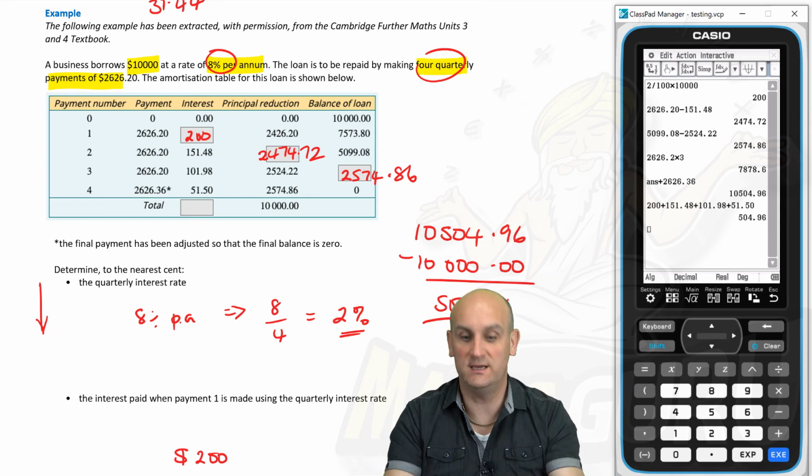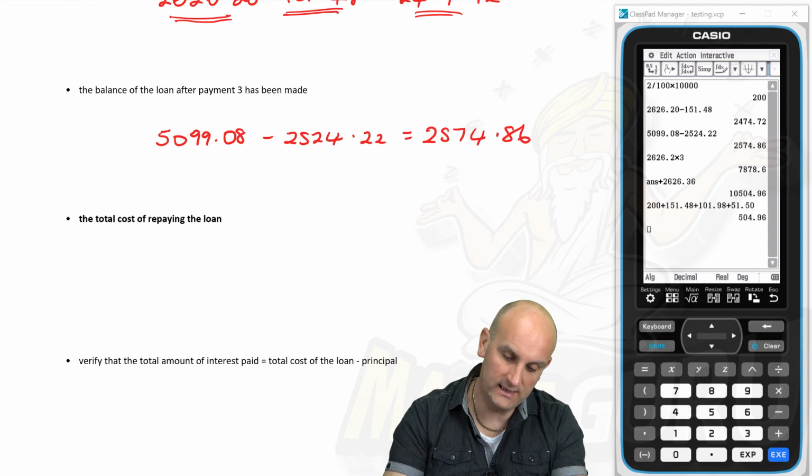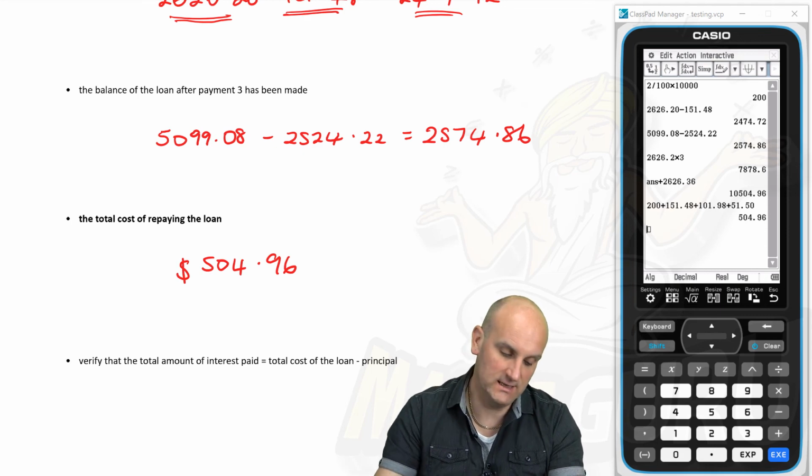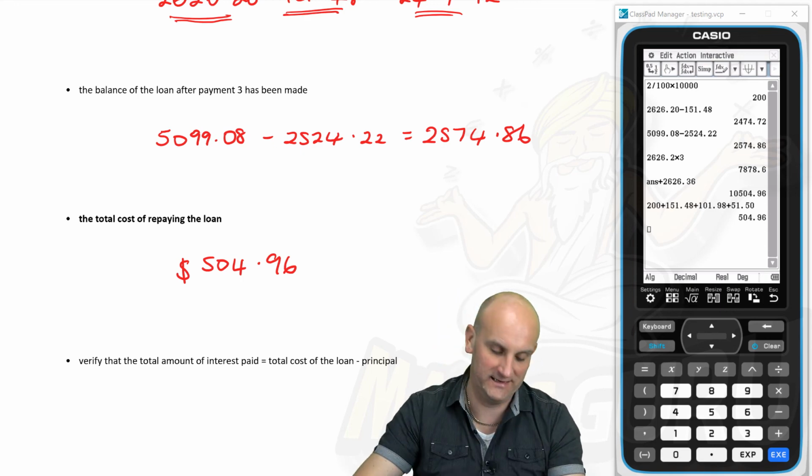So there are two ways of doing this. So I'm going to write down there that it is equal to $504.96. I should keep putting the dollar signs in there, but anyway, verify the total amount of interest paid is equal to the total cost of the loan minus the principal. I've just done that. I don't need to do it again.